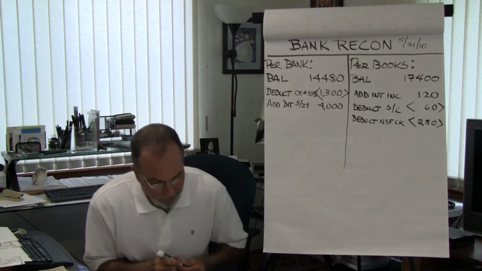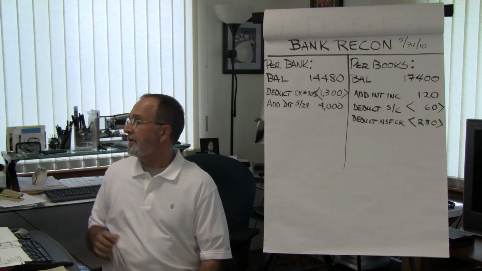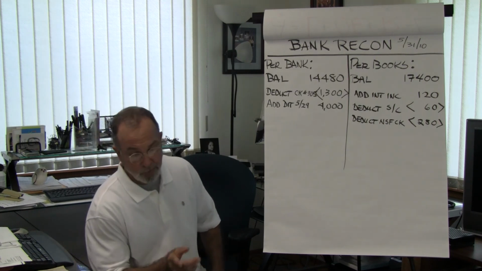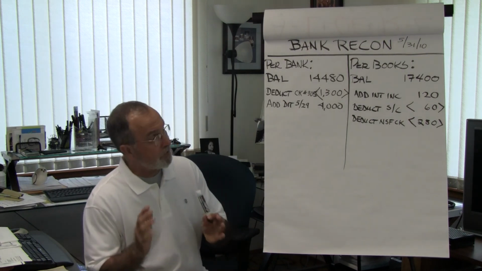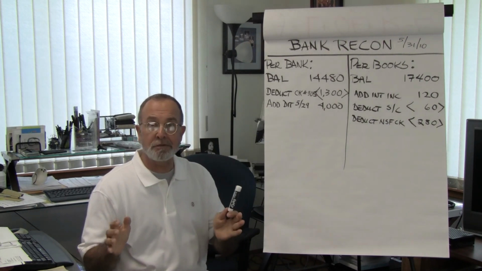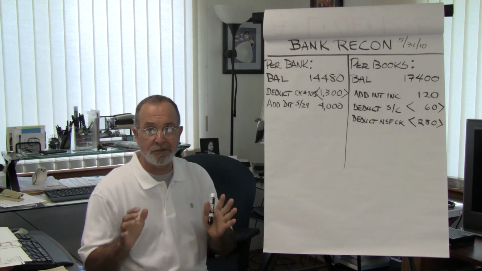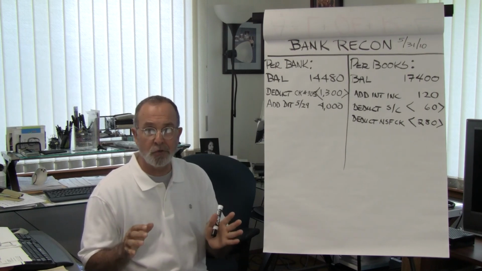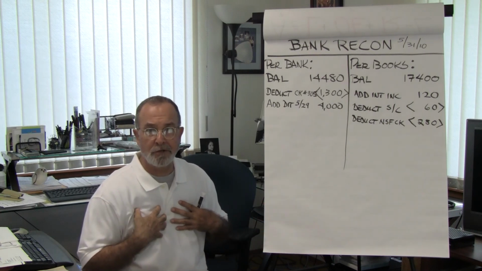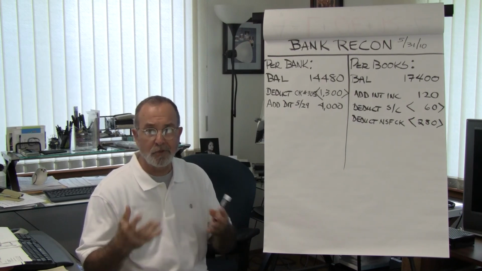So, looking at all of the items that have been presented to us in the problem, and again, they're basically giving us a picture of our bank statement and also a picture of our ledger account for cash. We can see the various transactions that had been made and recorded on both sides, both what we had entered into our books and also what the bank had entered into our account on their records.